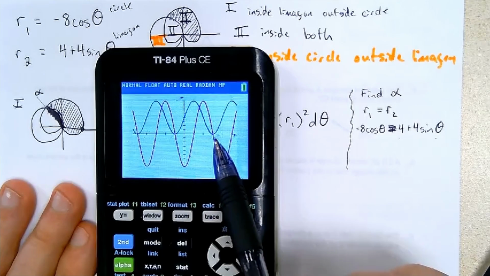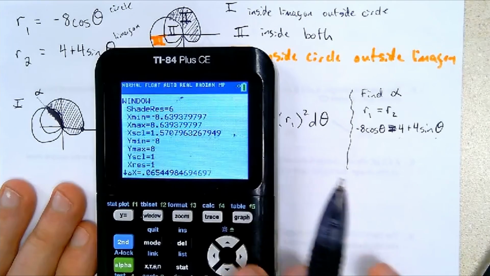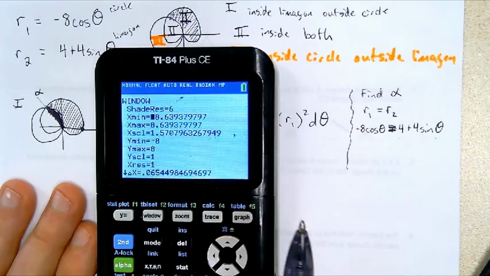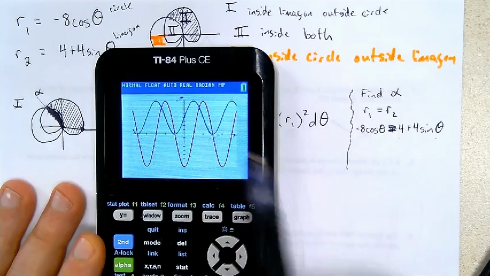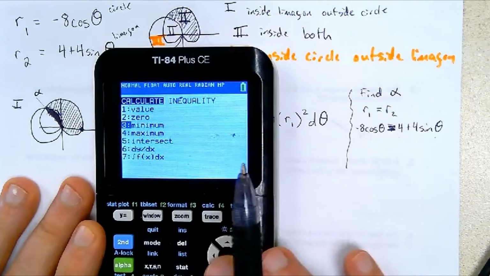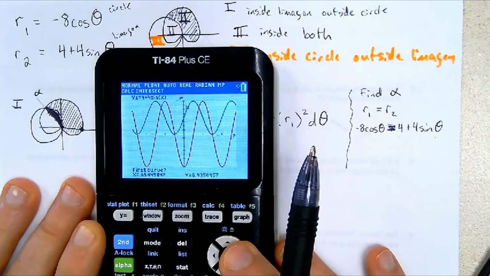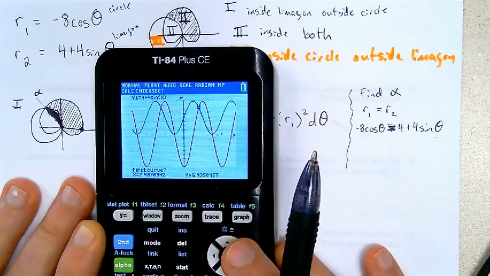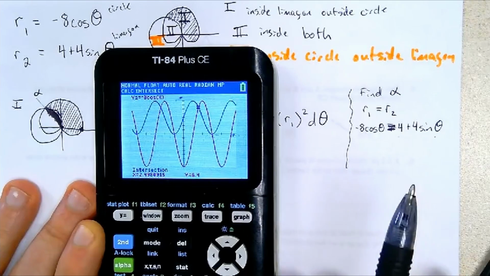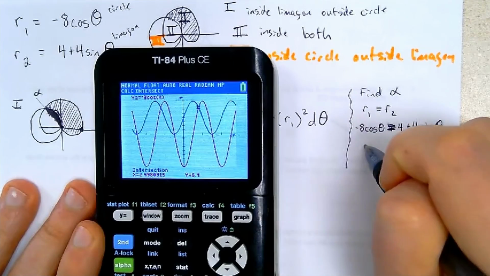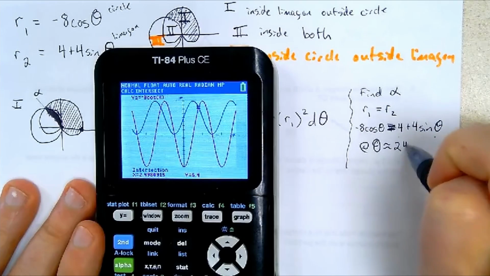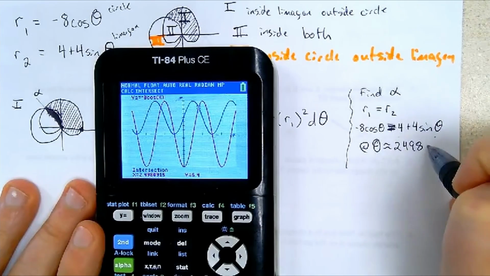I'm pretty sure that's the window. Maybe a little bit off, but we're going to find that exact location. So I can calculate intersect, and we move the cursor close to where that intersection is and hit enter once, twice, a third time. That theta is approximately 2.498, which I'm going to call alpha.